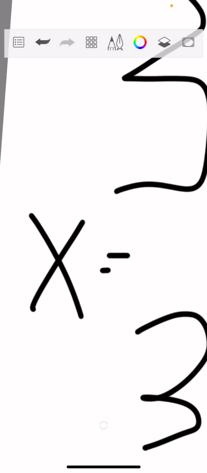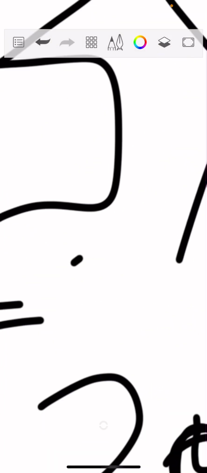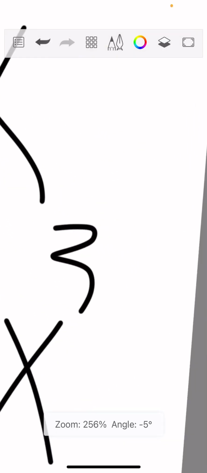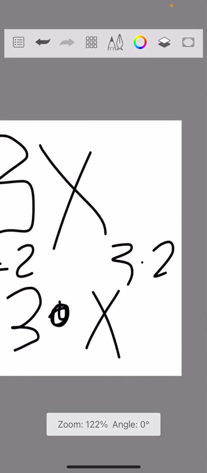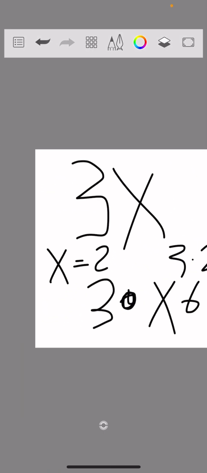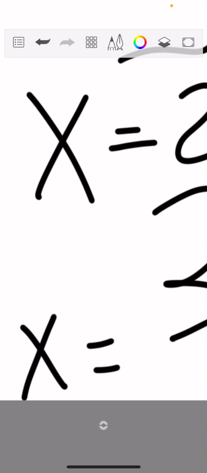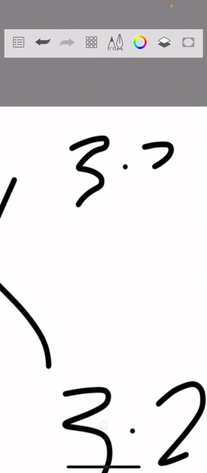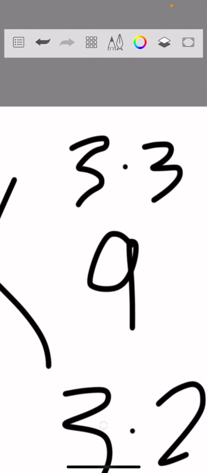Let's say x equals 2. You replace it with the other thing. 3 times 2. What is 3 times 2? 6. Let's say x is 3. You replace it. 3 times 3. What is that? 9. I think 3, 6, 9.